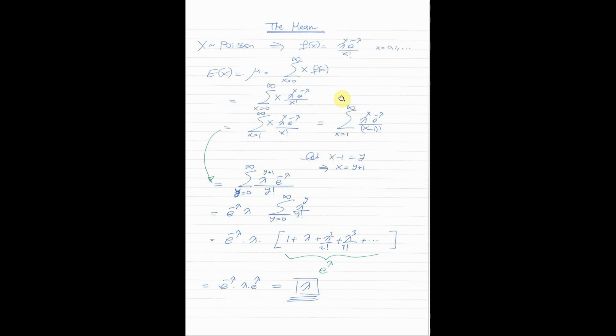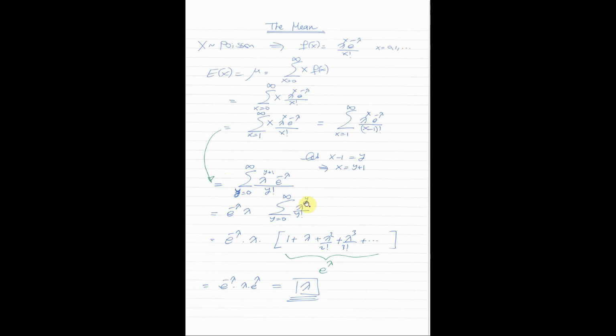So that summation x from 1 to infinity is the same as the summation y from 0 to infinity. Now, what is constant and can go outside the summation? E to the power of minus lambda is constant, it has no y. It can go out of the summation. Lambda to the power of y plus 1 is the same as lambda times lambda to the power of y, because when we multiply, we add the exponents.